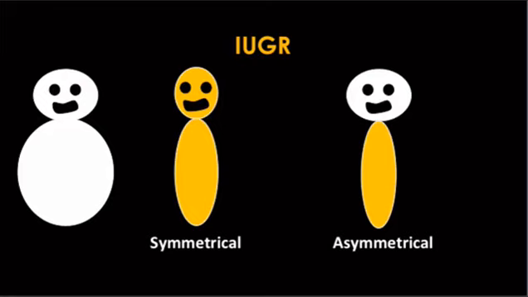It's going to spare that if it can, and it'll go last if you're in a really bad situation. But if you're not sparing the head, and the head is small and the body is small, then you think the mechanisms are messed up. So this might be a chromosomal problem, or the kid's getting poisoned, like fetal alcohol syndrome, or TORCH infection. So you'll see these things throughout pregnancy.